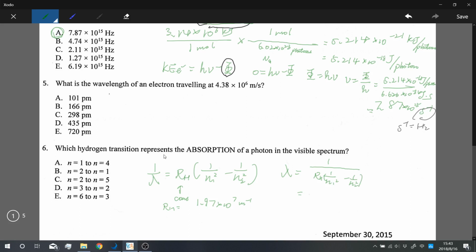And it has to be in the visible spectrum. Dr. Ma talked about this during class: the visible spectrum is between 400 nanometers and 700 nanometers. On this side it is red, and on this side it is purple.